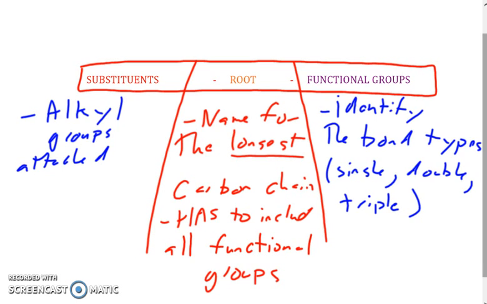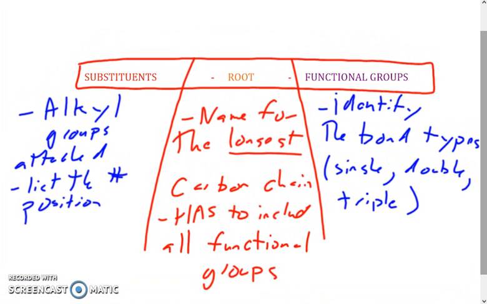Now, what's important with these is that we list the number position. Now, what if you have multiple chains with multiple names? What's important when you're doing this is that it goes in alphabetical order.